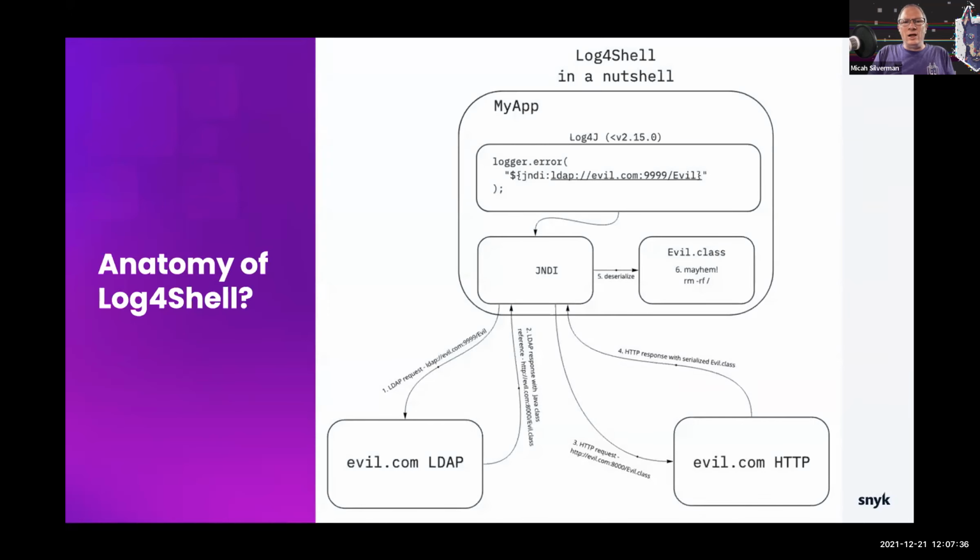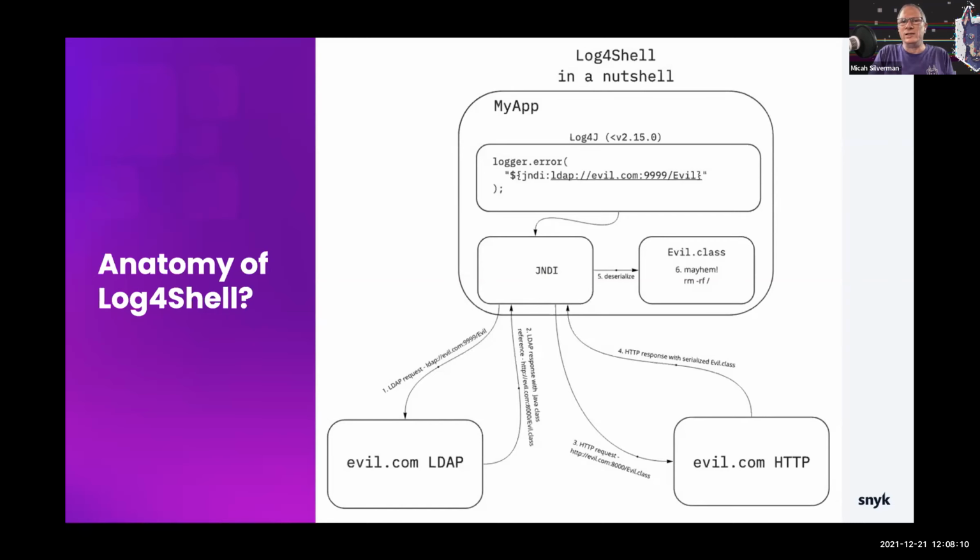Looking at the anatomy of Log4j, what presentation wouldn't be complete without a poorly drawn diagram? This is the one that I've put together. Gives you an insight into my drawing skills. But if you have your app here, the big box, the nature of this Log4Shell vulnerability is that some time ago, and we're going to look at some of the history of this, the ability to drop interpolated strings into a message was added to Log4j, and there may have been a valid use case at the time.